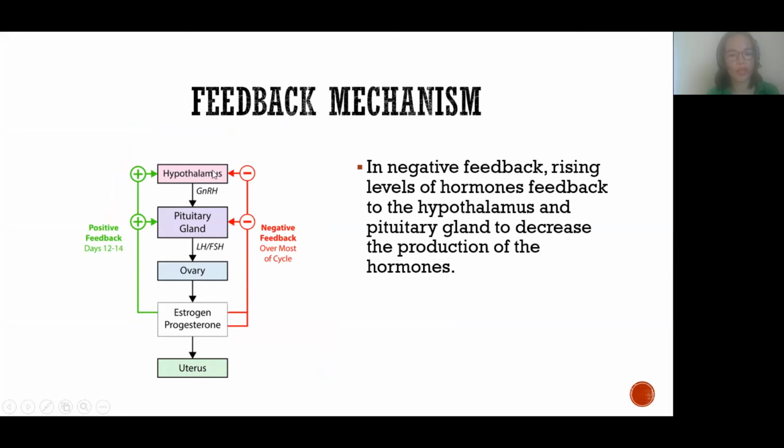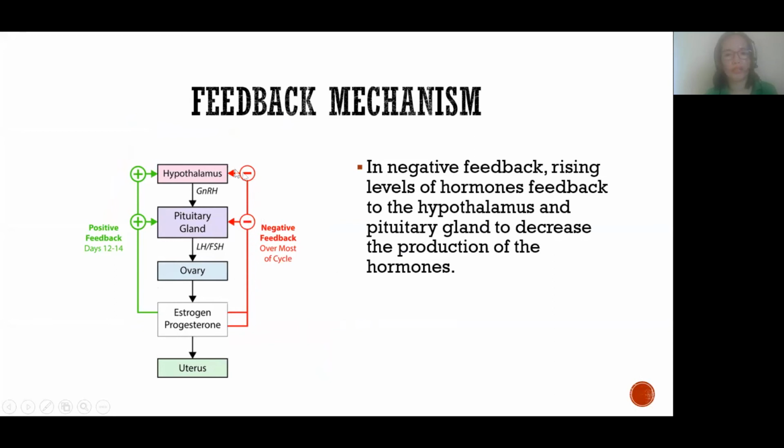Okay, so you see here the hypothalamus, pituitary gland, and then the ovary where we have estrogen and progesterone. In the negative feedback, rising level of hormones feeds back to the hypothalamus and decreases the production.